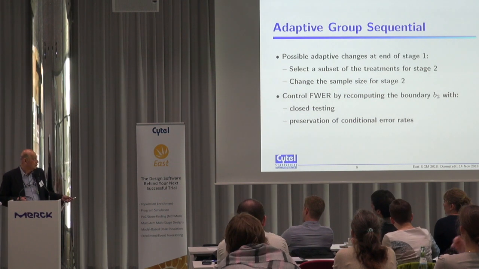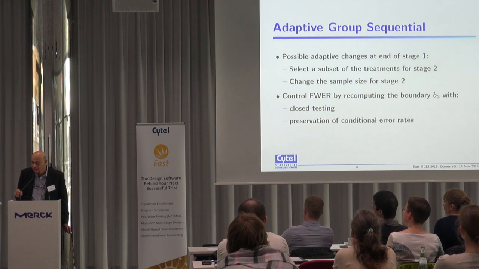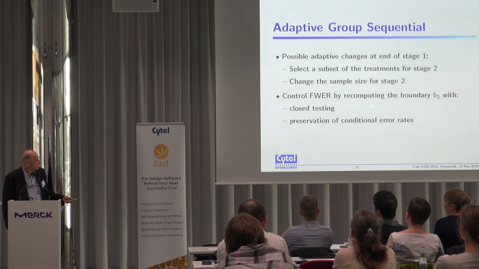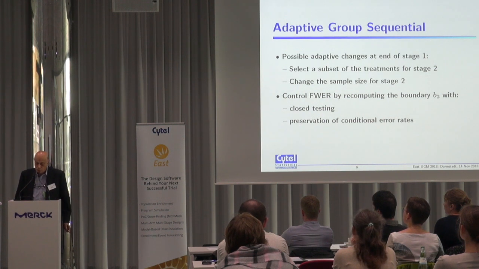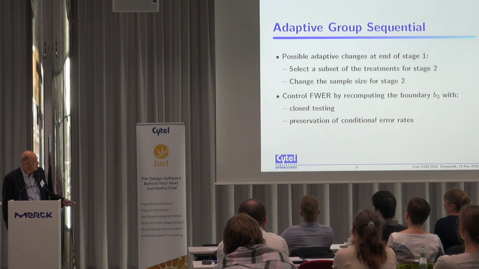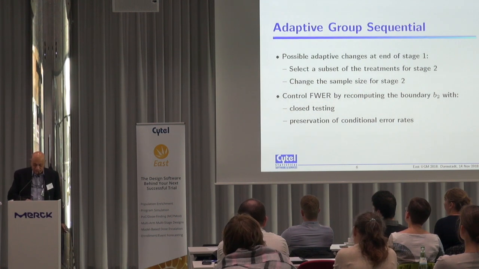But now if you didn't cross the boundary at the first stage and you drop arms, then you have to make adjustments. And the adjustments are of two types. One is the adjustment that is due to so-called closed testing that controls multiplicity. And then there's a second adjustment due to work of Mueller and Schaefer for preserving conditional error rate. I'll explain both types of adjustments.